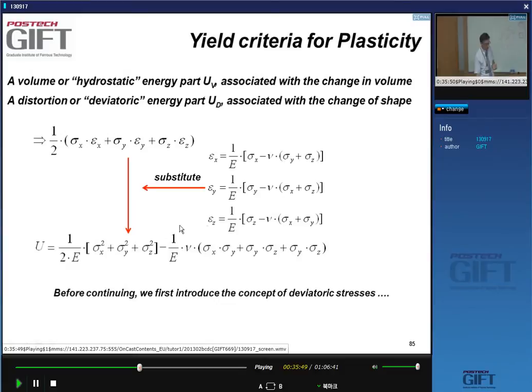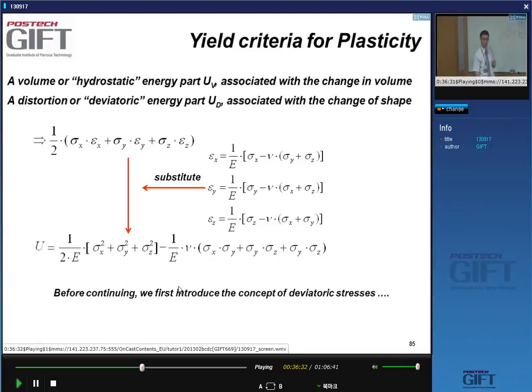And after doing this, I find this nice symmetrical equation: 1/2E times sigma x squared plus sigma y squared plus sigma z squared, minus 1/E times Poisson ratio times sigma x times sigma y, plus sigma y times sigma z. And this should be sigma z times sigma x. So please correct this if you're using these notes. I will correct this in the notes that are online.